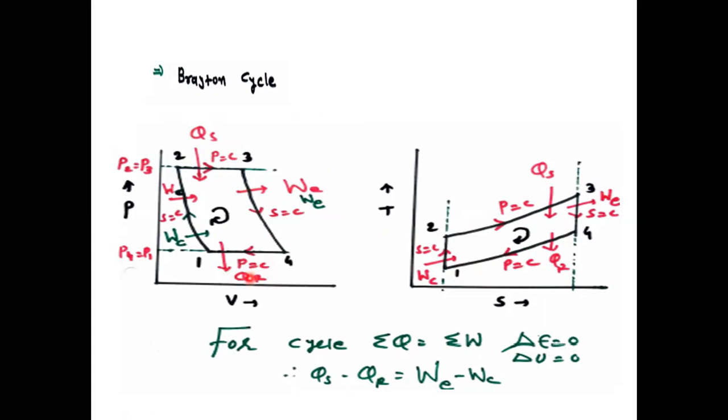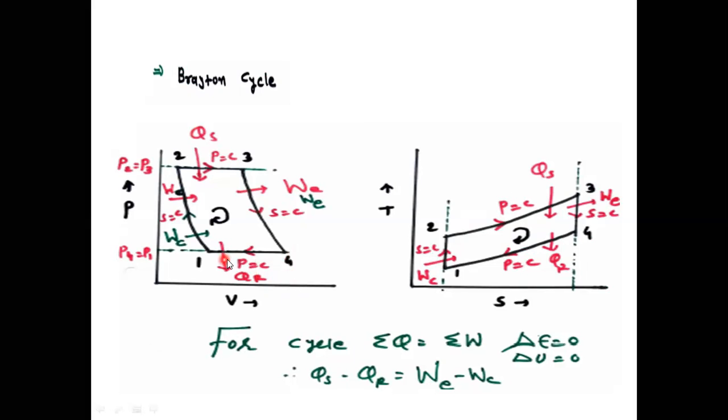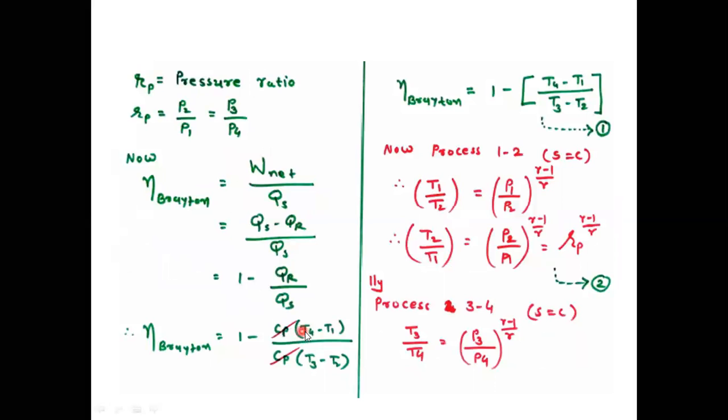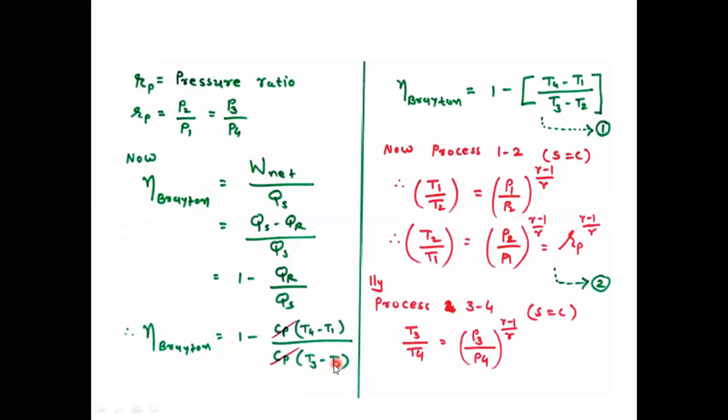And QR is again Cp delta T. So Cp delta T means T4 minus T1, because Q rejection occurs at process 4 to 1 and heat supplied at process 2 to 3. So QR is Cp into T4 minus T1 and Q supplied is Cp into T3 minus T2.